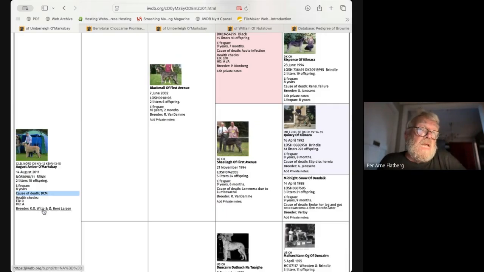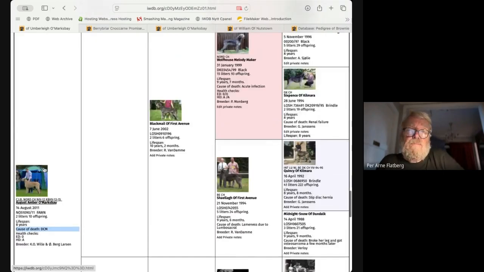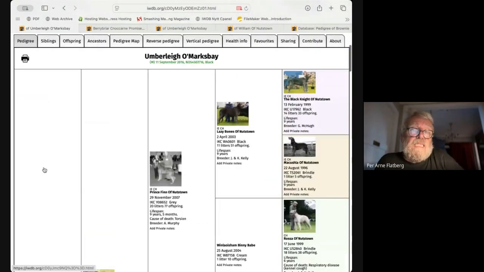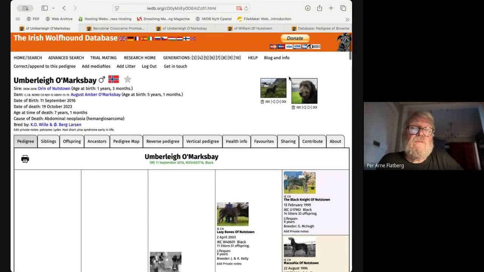A lot of this information is clickable, so I can click on the breeder name and get a listing of all puppies that are attributed to them. And I can also click on the name of a dog to get to that pedigree. So that's fairly basic pedigree stuff, which you get in almost all pedigree software.